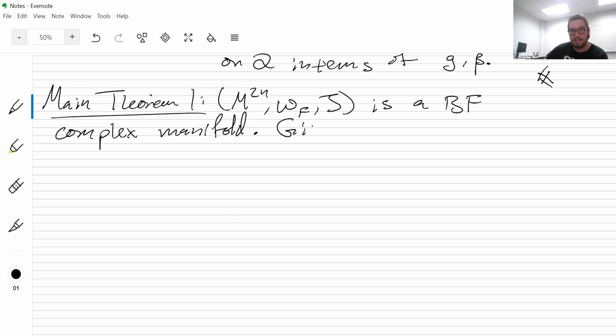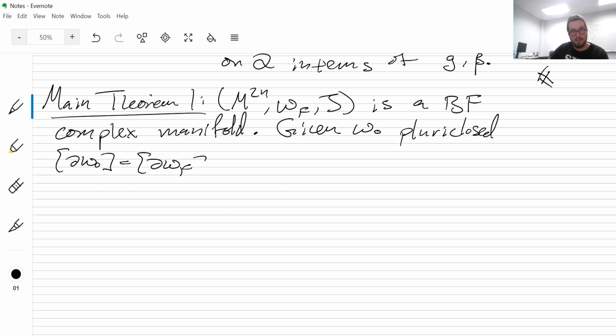Then given omega naught, an initial pluriclosed metric on the same holomorphic Courant algebroid, a more cohomological way of saying that is that they define the same 2-1 Dolbeault class.